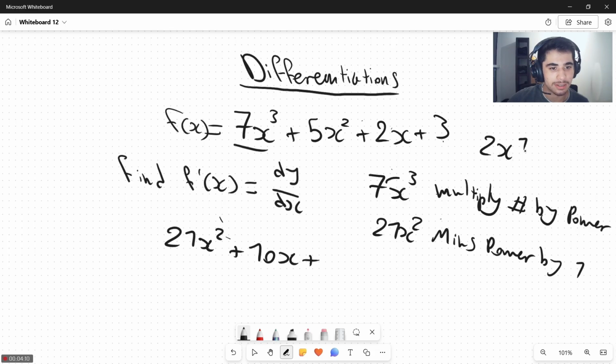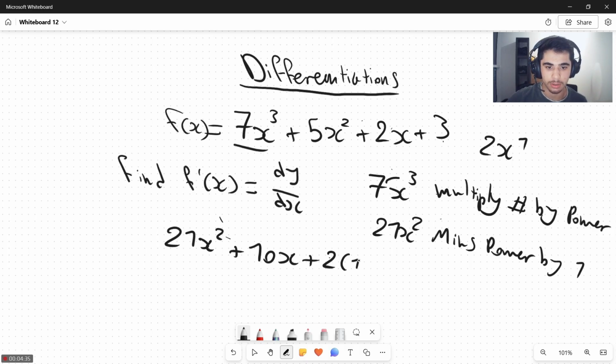The trick is just don't write the x. Why? Because what's 2 times 1? That's 2. And what's 1 minus 1? 0. When something is to the power of 0, every number is going to be 1.